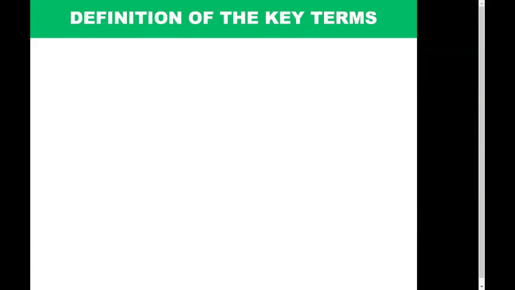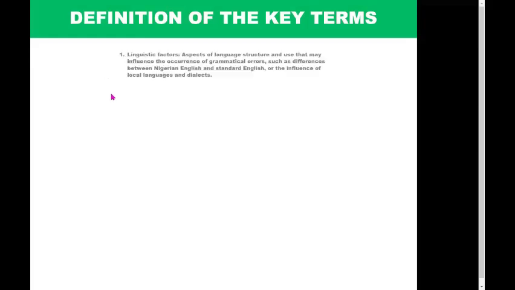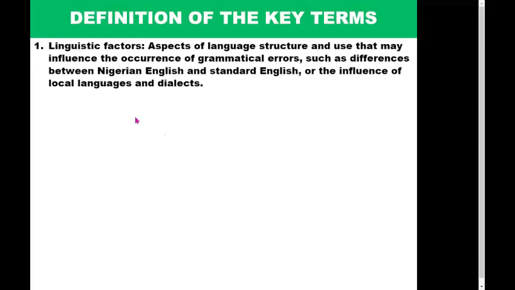Now, it is important to note that a study of this nature is capable of using some difficult or unfamiliar terms, and sometimes uses words that are part of the jargon of that particular field of study. And so there is need to define the key terms. So that is what definition of the key terms is about. Let's look at some examples.